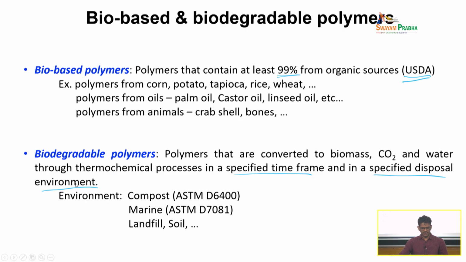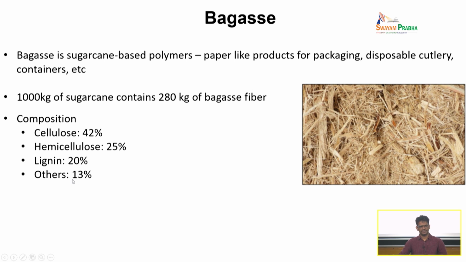Now we have a series of bio-based polymers we can think of. The most pertinent one, and very widely used, is sugarcane bagasse. The picture that you see here is the sugarcane bagasse. If you are coming from the hostel in summer, you get sugarcane juice on the roadside.